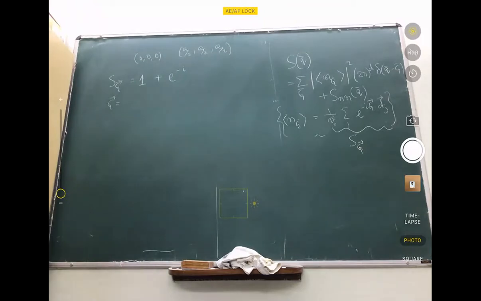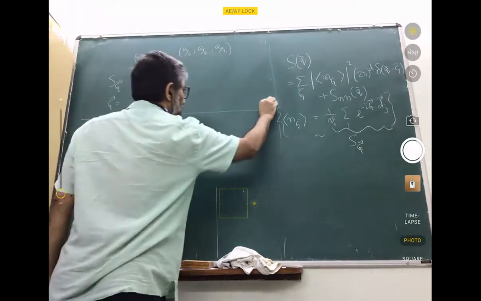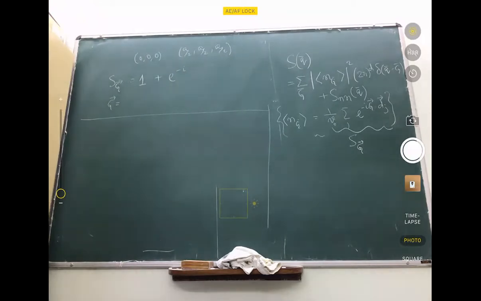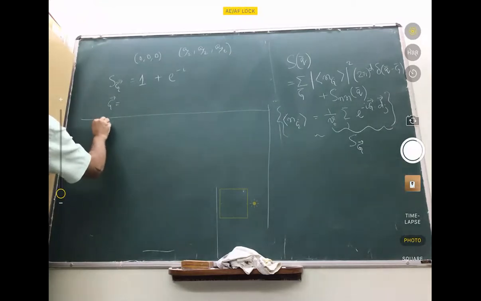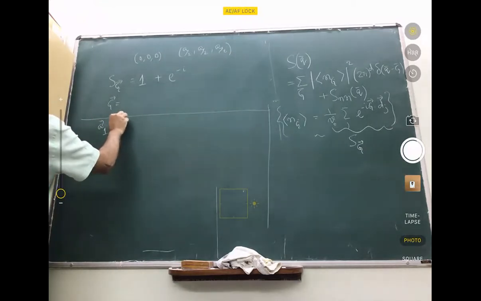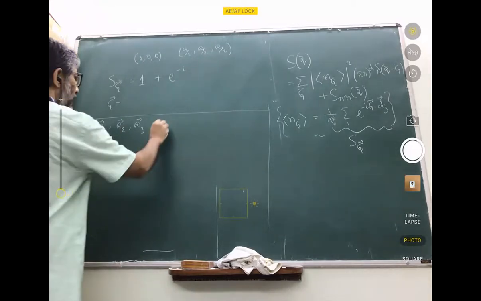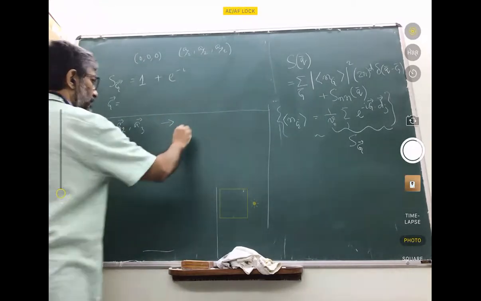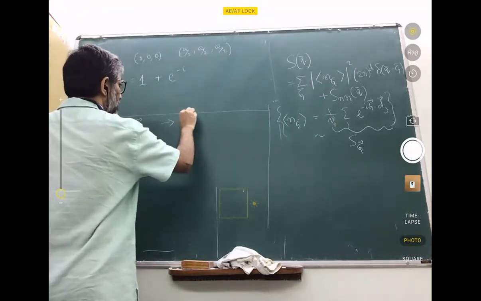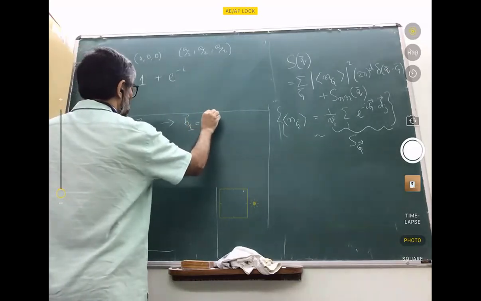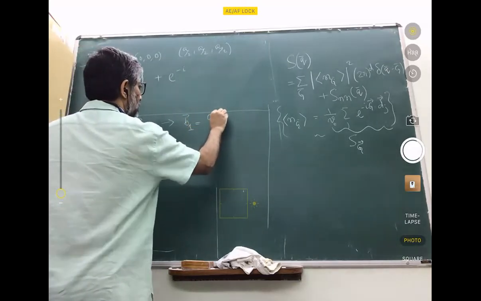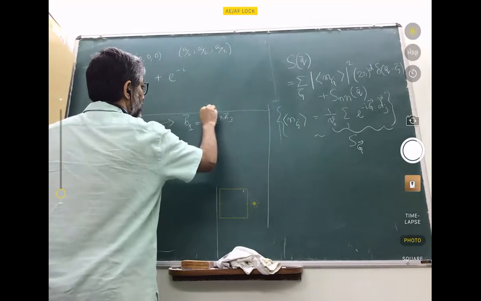Now here is something I forgot to discuss. I had written the definitions earlier: if I have the 3 lattice vectors, a1, a2, and a3, from these I can define the lattice vectors for the reciprocal space.